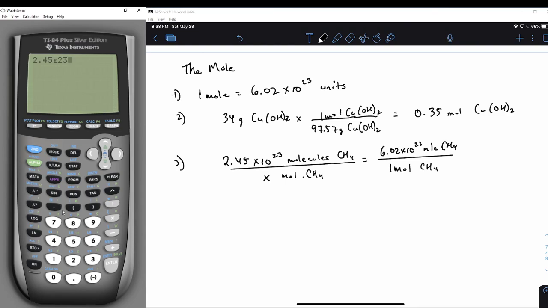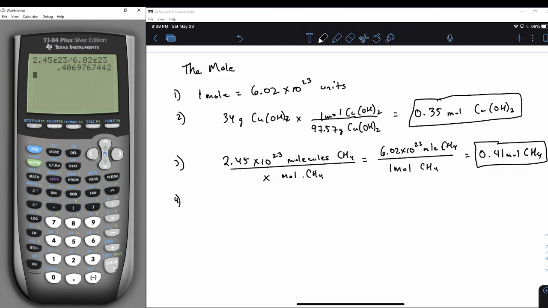So that way you don't have those issues with your calculator interpreting your number input differently. So again, here we get 0.41 moles of CH4. And again, because our number is 2.45 times 10 to the 23, that's less than 6.02 times 10 to the 23, our answer in moles should be smaller than 1 mole.